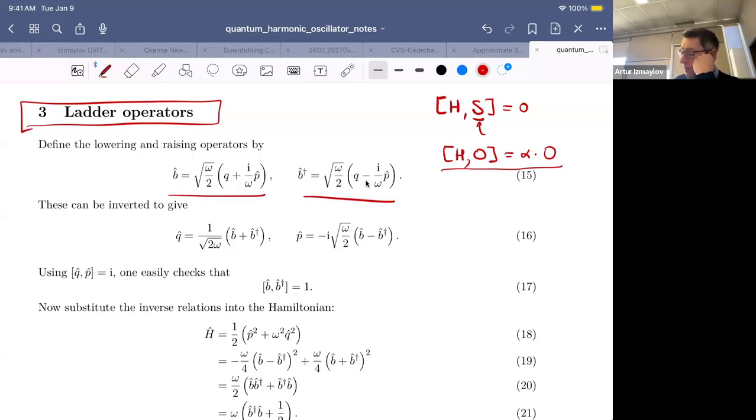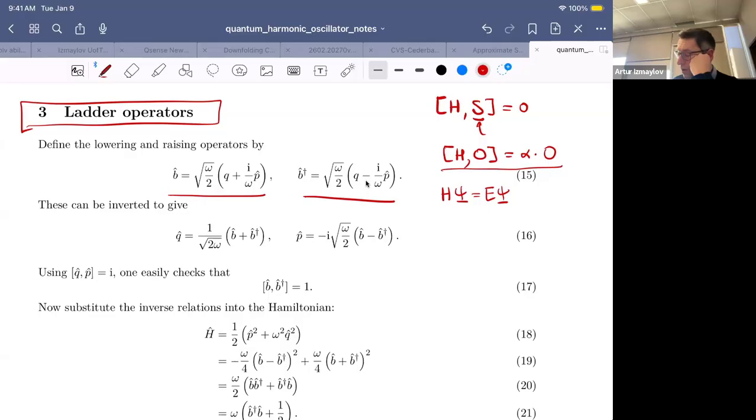It turns out that it's easy to show the following thing. Imagine somebody says, I have one solution for the time-independent Schrodinger equation, right? So H psi equals E psi.